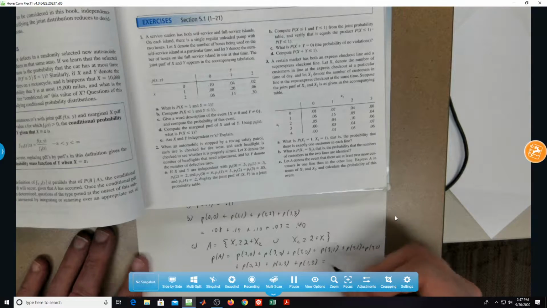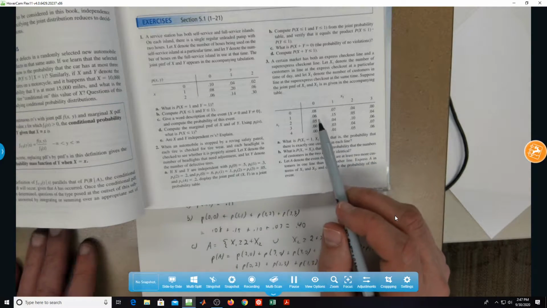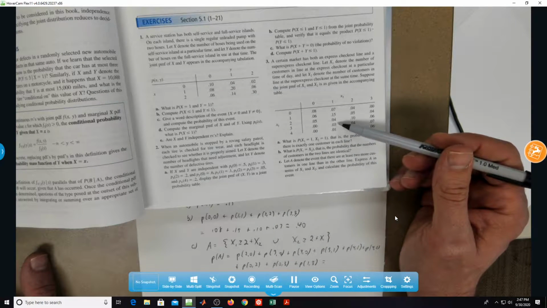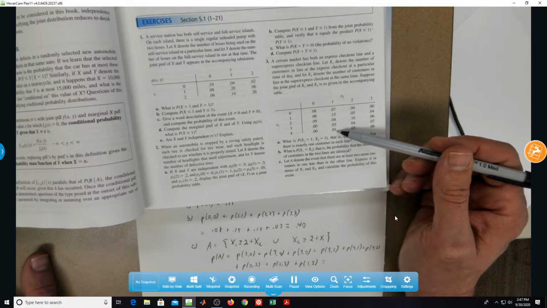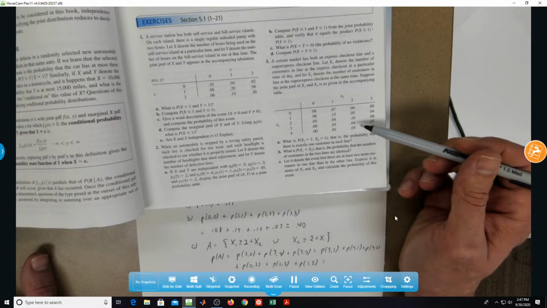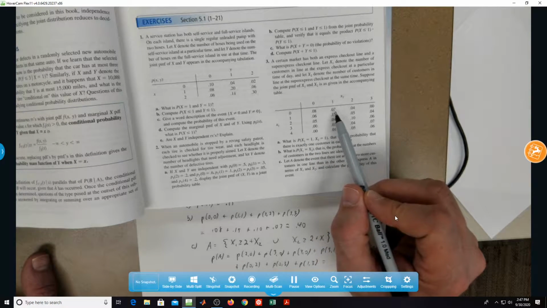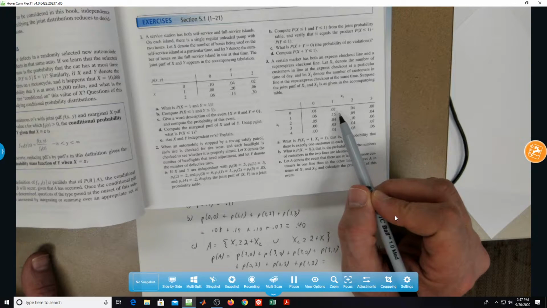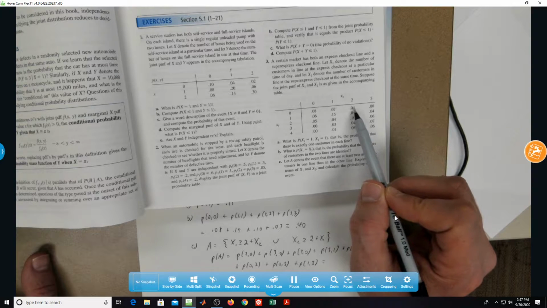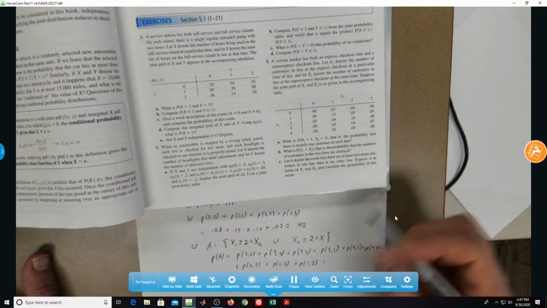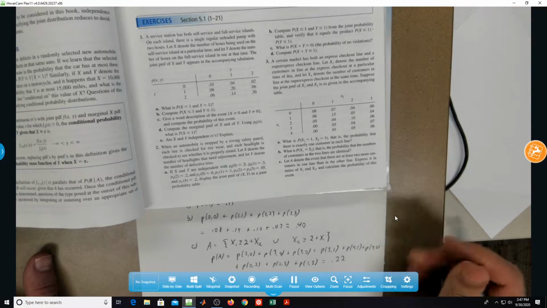And I think if we add those all up, and add these 3, what you end up getting is 0.22.